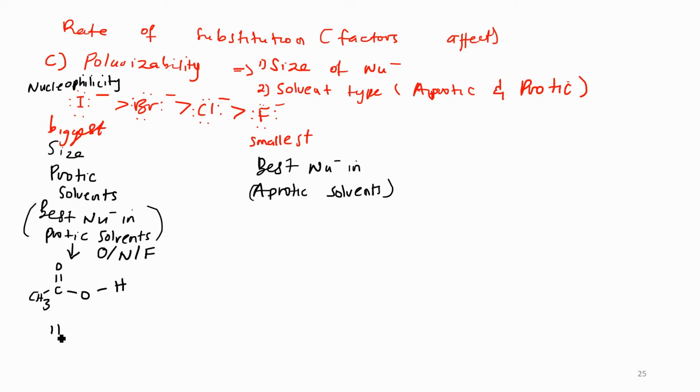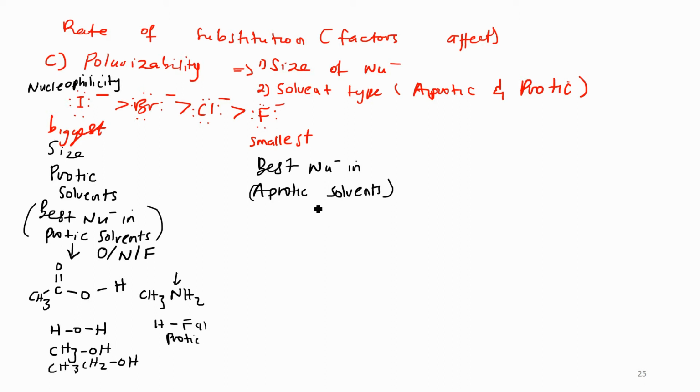So water is protic, methanol, any alcohol is protic, including the one that you guys drink over the weekend to forget your troubles. Ethanol is protic, which means also methylamine is protic because those hydrogens are bonded to nitrogen. HF is protic if it's in liquid form. Those are examples of protic solvents.